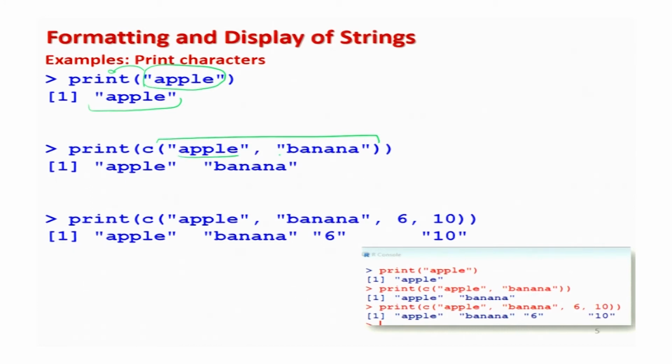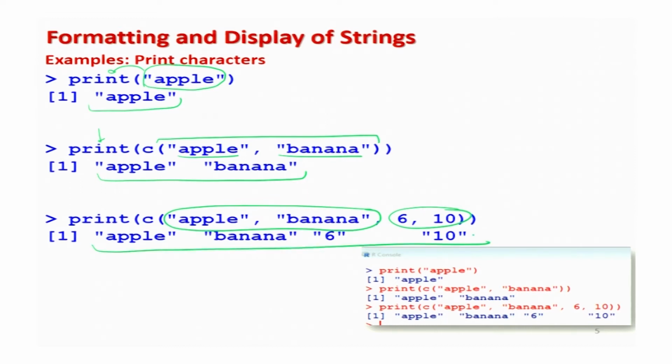apple and banana, then if I use the command print, you can see you are getting apple and banana. And now even if you take a data vector consisting of the characters apple and banana and some numbers like 6 and 10, in that case the mode of this data vector will be character, and so everything is going to be printed as a character only.